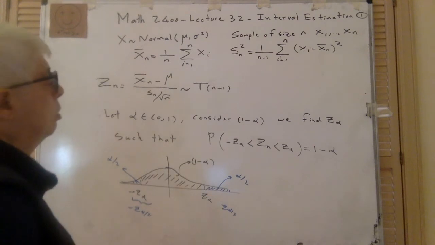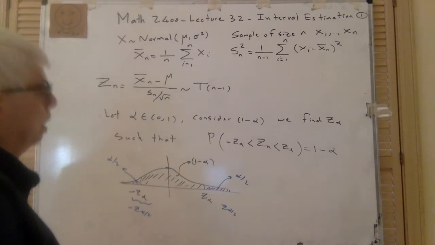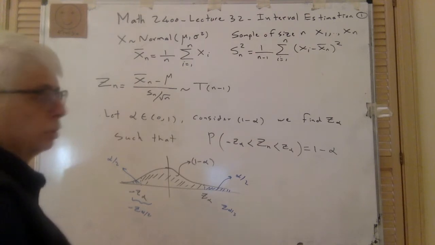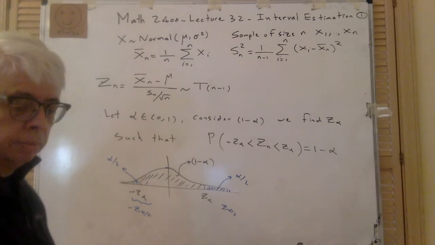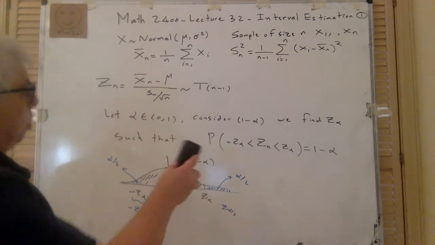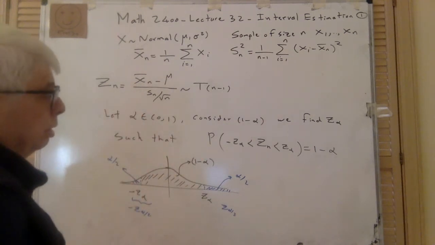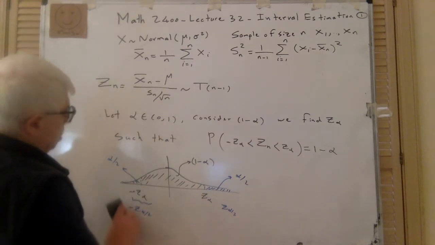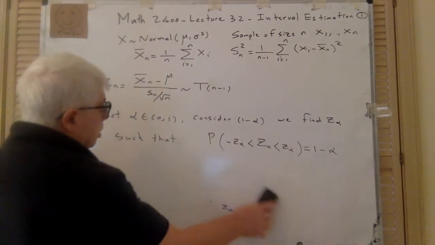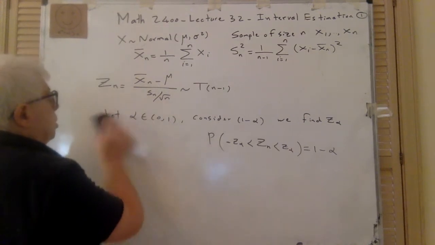Any calculator has this function. And so suppose we found the Z alphas, and now let's plug in this thing for Zn and see what happens. So let me erase this picture and go back to this.